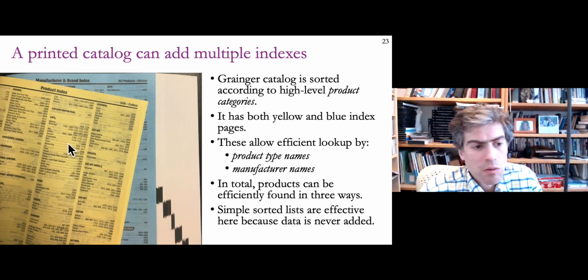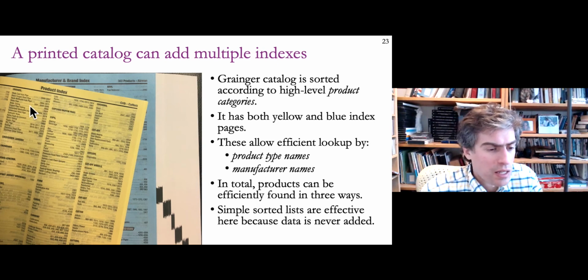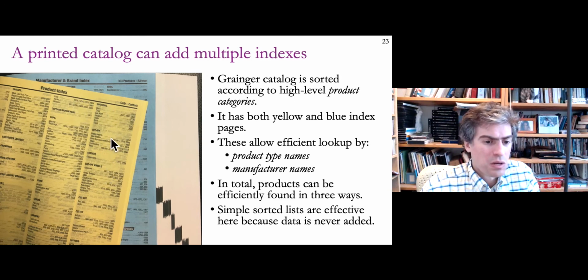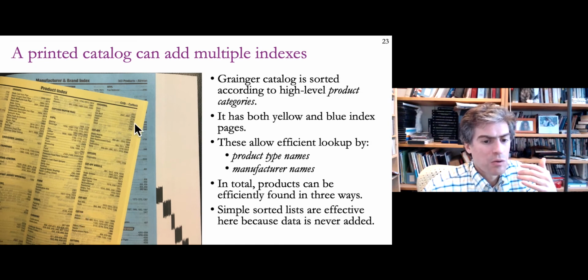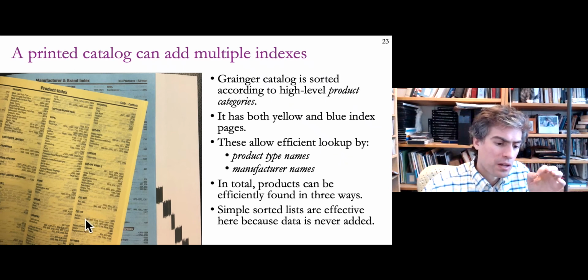So if you want to find a product by product name, you can use these yellow pages, and these references are sorted by product name. So cups, curb, curbs, current, cushions, cutoffs, cutlery, cutoff wheels. So if you're looking for cutters, you can find that very quickly within these yellow pages. Now you won't actually find the cutters here.